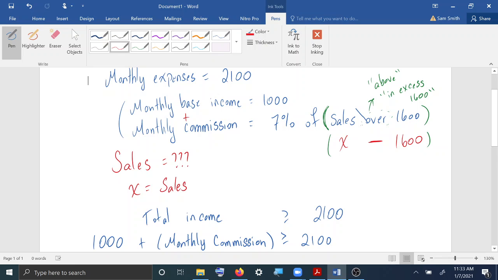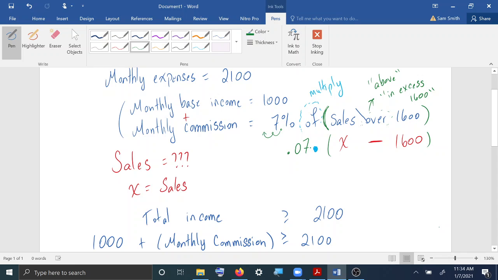Now the word of also has a specific mathematical meaning: the word of translates to multiplication. So I'm going to replace of with a multiplication dot directly underneath. And finally, we have 7%, which can be turned into a decimal number by moving the decimal place two units to the left, which gives us 0.07.